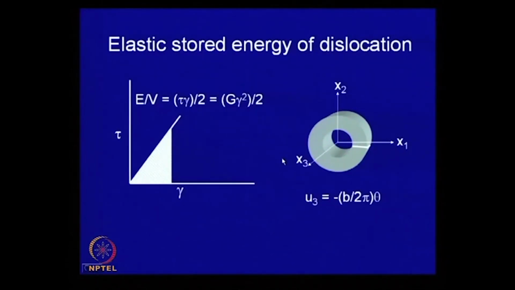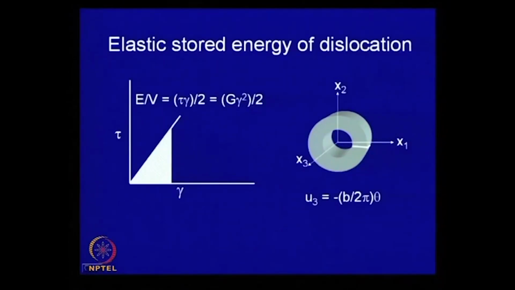Now, to understand the interaction of a dislocation with a point defect, or with a solute atom, it is necessary to know about the nature of the stress field which is generated when there is a dislocation in the crystal.